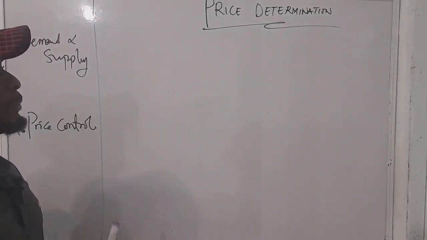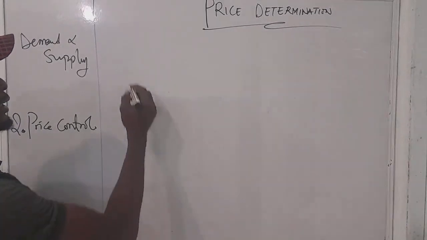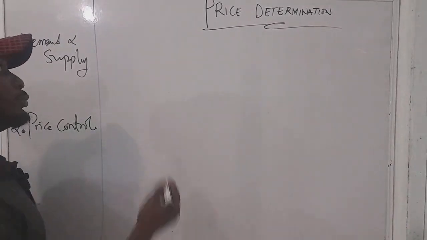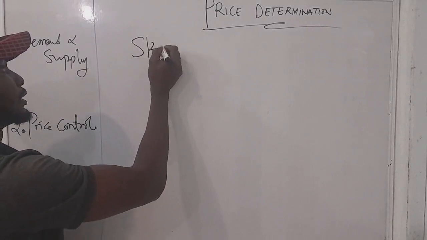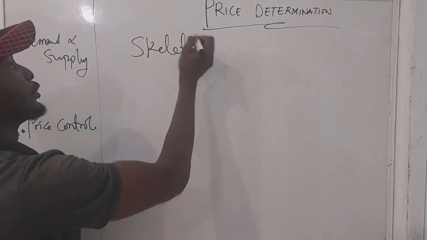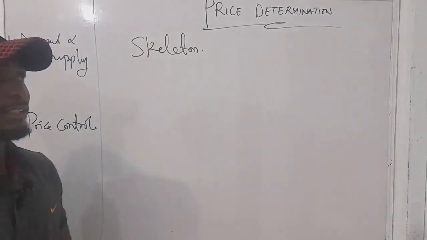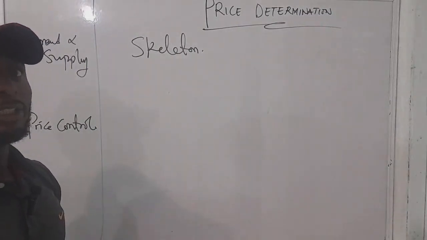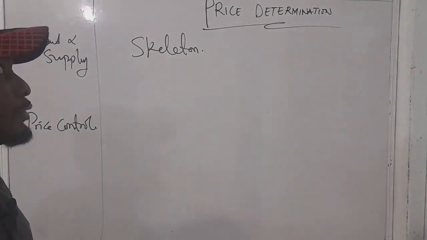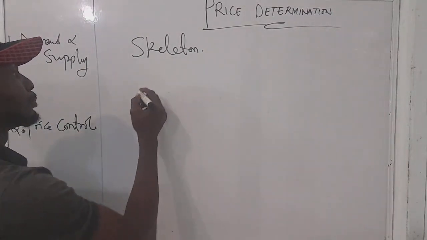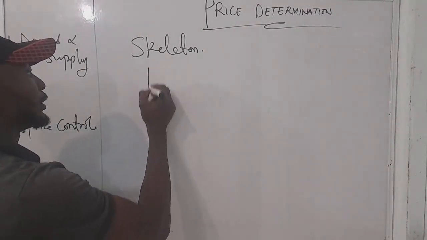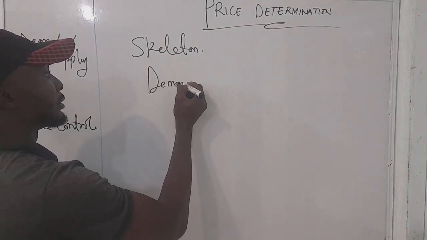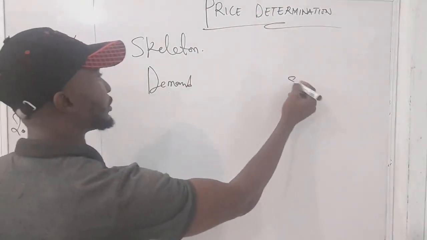Now, typically, just like every human being, we equally have what we call a skeleton. So every market also has a skeleton. The moment you walk into a market, you see a skeleton in the market. So the skeleton of the market is actually made up of two components known as the demand and the supply.